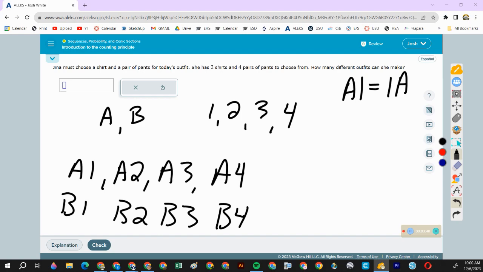Can you think of a situation where A1 and 1A are 2 different options? When would A1 and 1A be different options? Oh, okay.